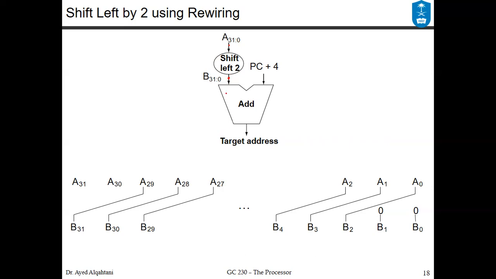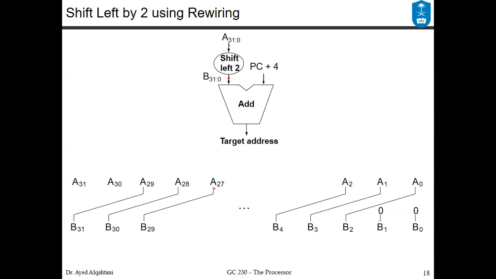Now, how to do the rerouting or rewiring? You do it by what you've seen here. You have the A from A0 to A31. For the B, you just put zeros in place of B0 and B1. So you connect it to ground, to B0 and also to B1. And A0 goes to B2, A1 goes to B3, A2 goes to B4, and so on.